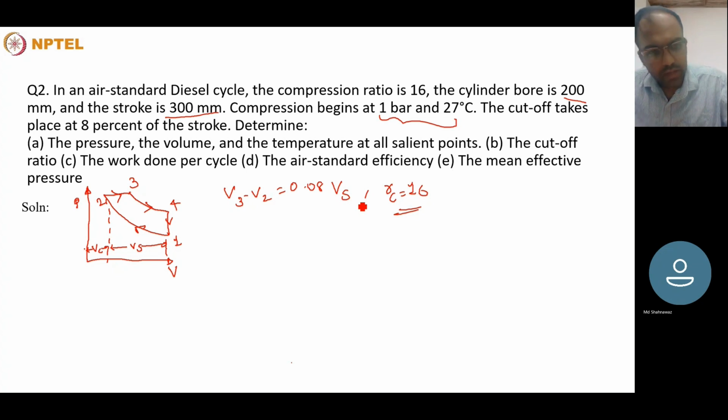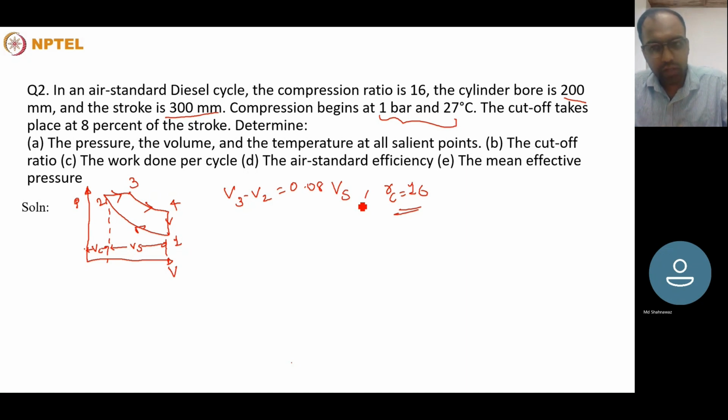And using all these parameters, we can calculate the pressures and the corresponding temperatures. So in this particular problem, we need to calculate the pressures, temperatures, and volumes at the beginning and the end of the compression.